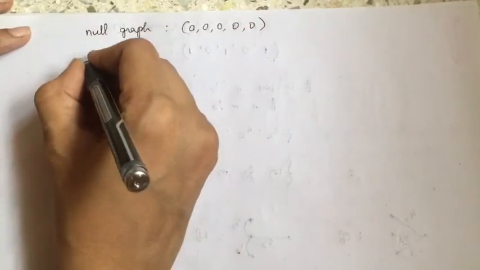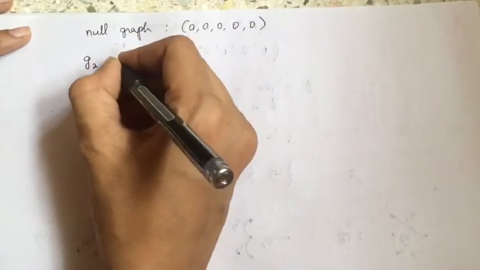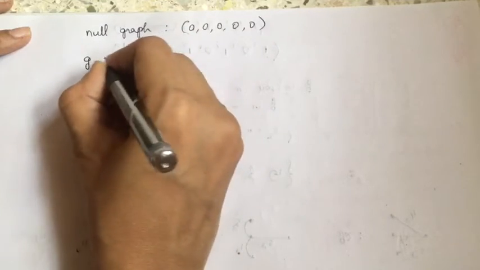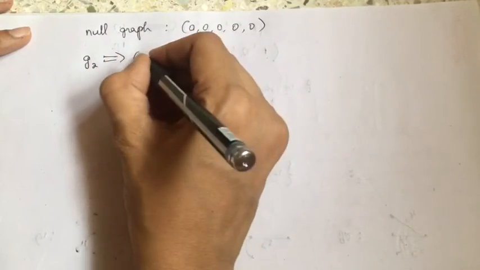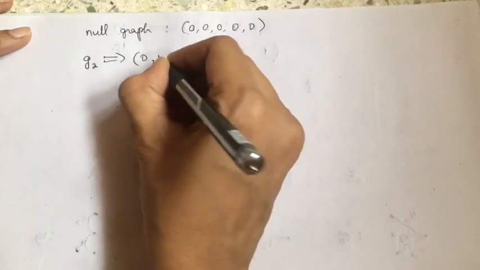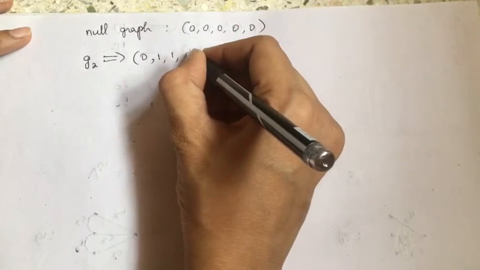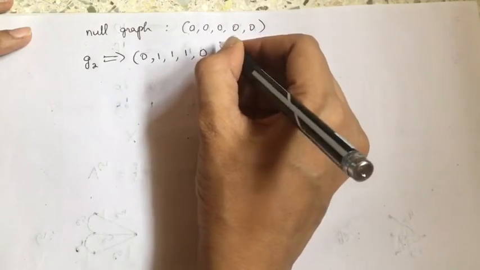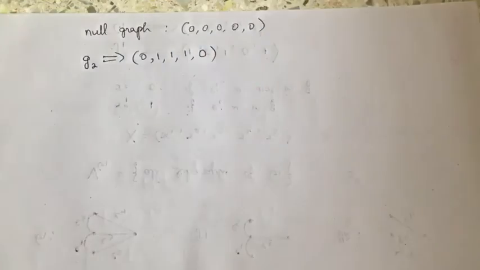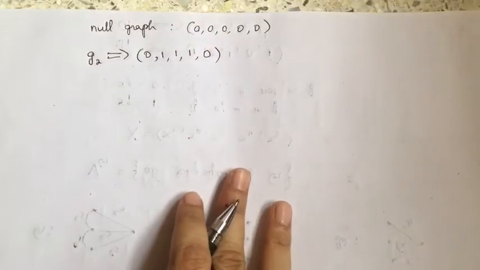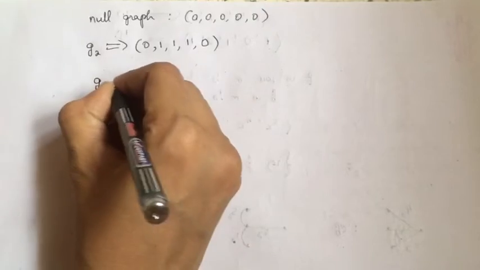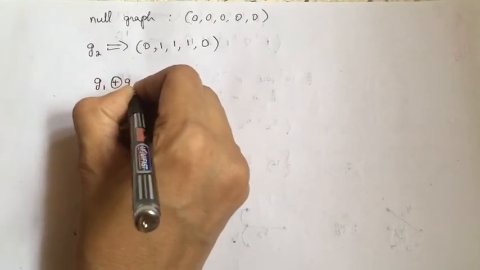Now say I have taken G1 and G2. G2 is: E1 is not there, E2 is there, E3 is there, E4 is there, and E5 is not there. Now I can write their ring sum, G1 ring sum G2.